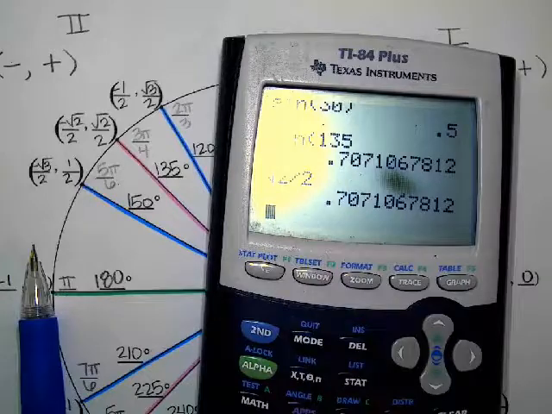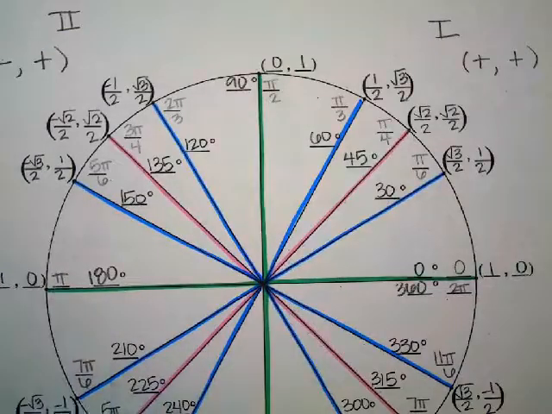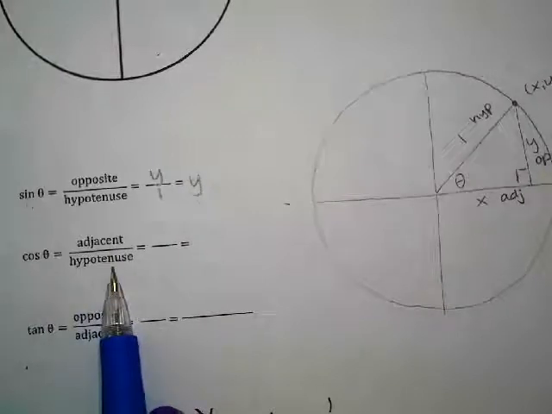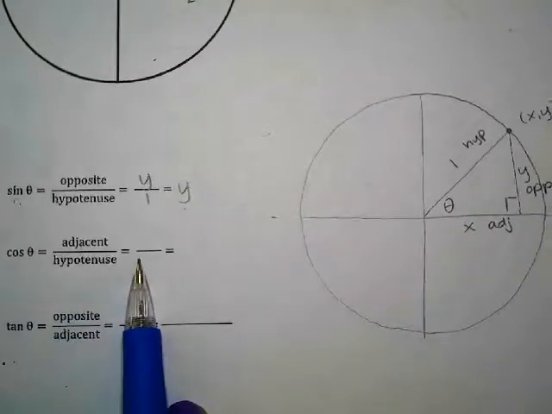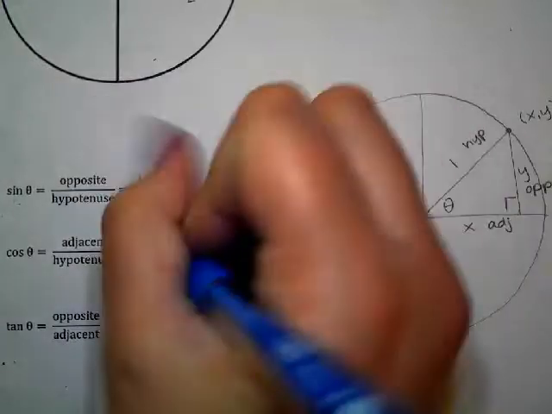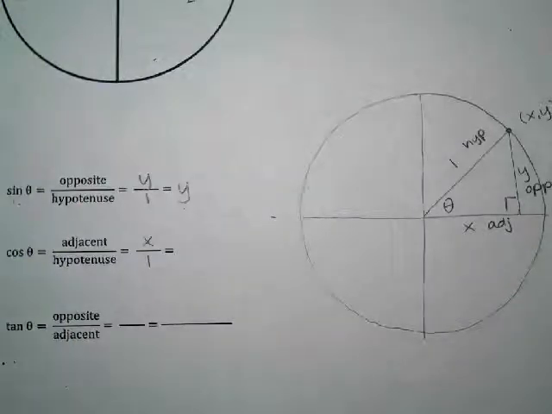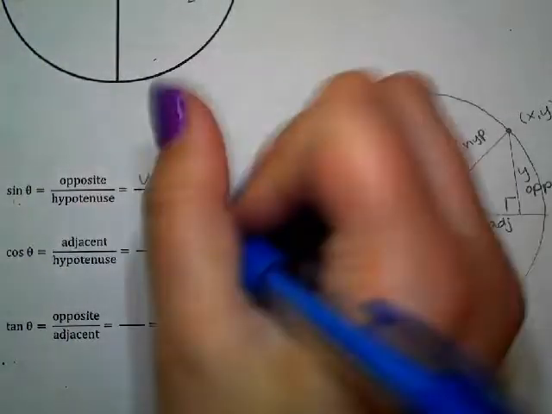All right, so let's look at the next part. Now, cos is adjacent over hypotenuse, so what should we be writing? x over 1. Adjacent over hypotenuse is x over 1, but x divided by 1 is just x. And so the cos is going to just be the x-coordinate.